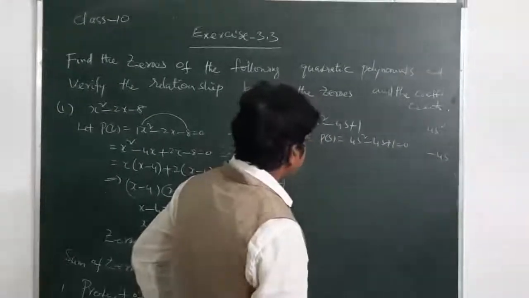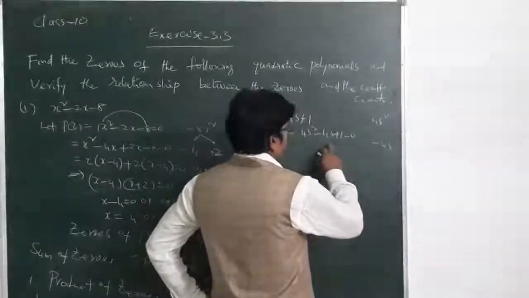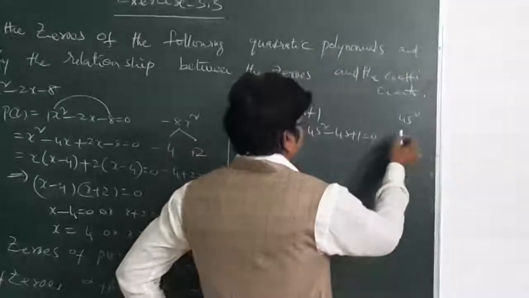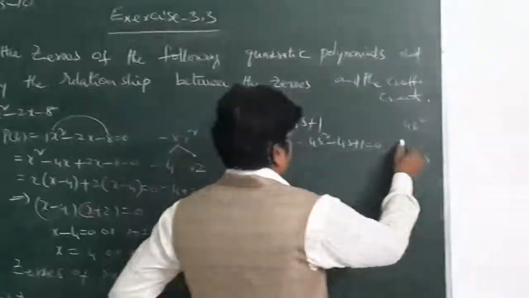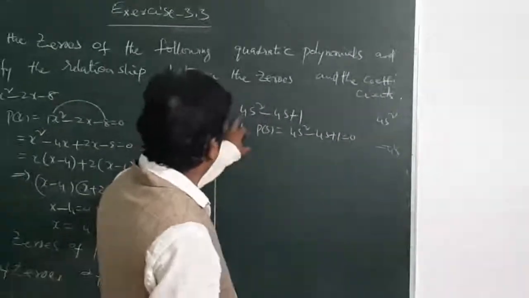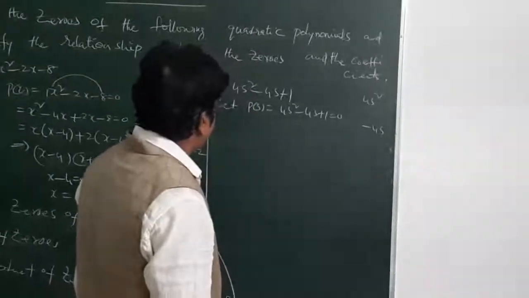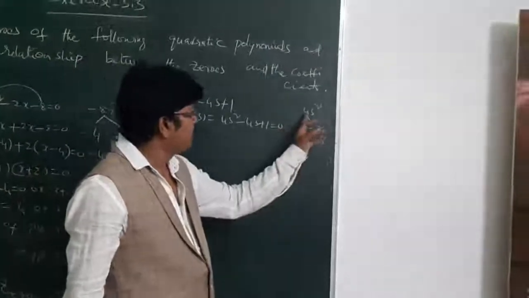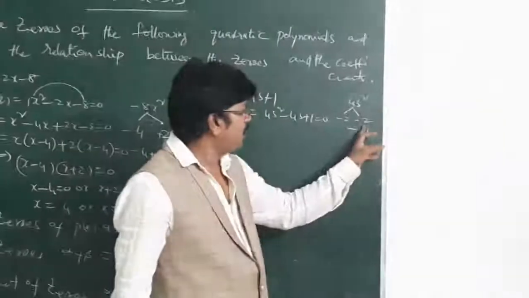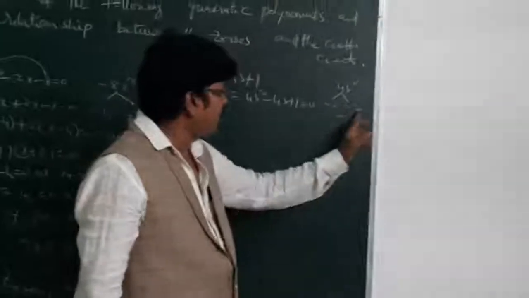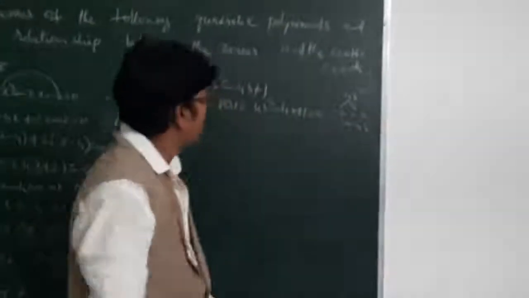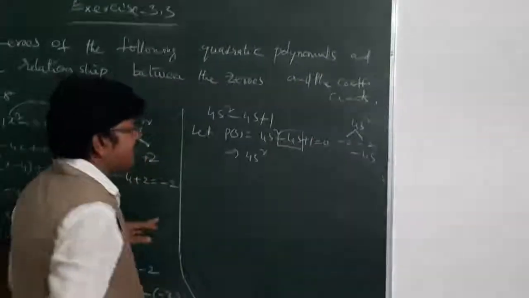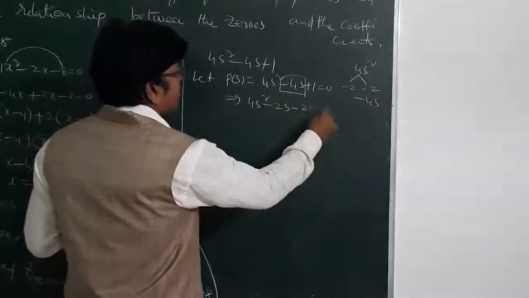We need two numbers that add to minus 4 and multiply to plus 4, so we take both as minus 2. We split the middle term: 4s square minus 2s minus 2s plus 1 equal to 0.